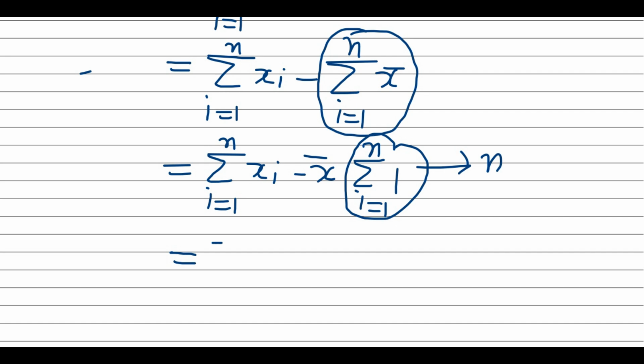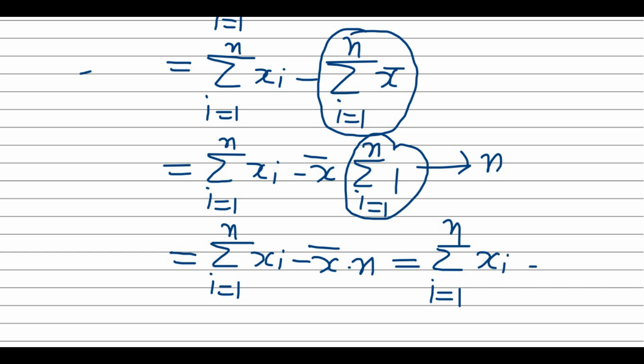So it becomes the summation of xi minus n x bar.